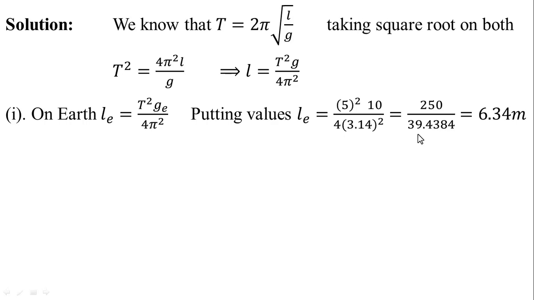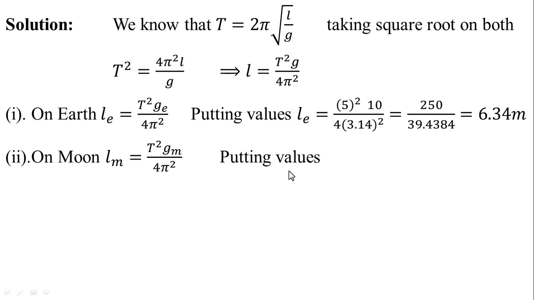Multiply by 4 is equal to 39.4384. Now divide 250 by 39.4384, which is equal to 6.34.